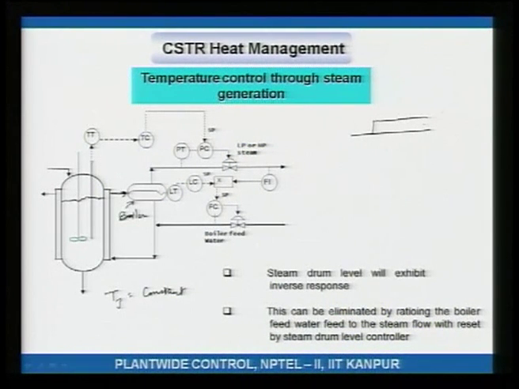Now, let us say steam flow rate goes up and boiler feed water remains constant. You are removing more steam, you would expect that the level should go down, right, but what actually happens is, the level actually goes up and then down. Okay, so you actually get an inverse response.